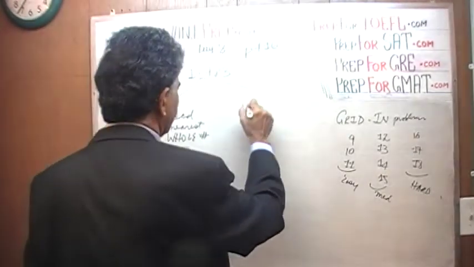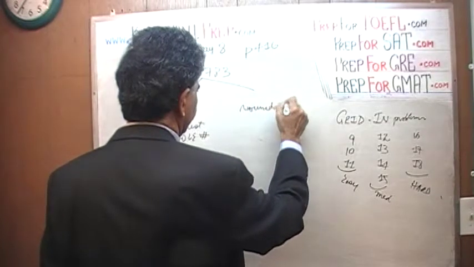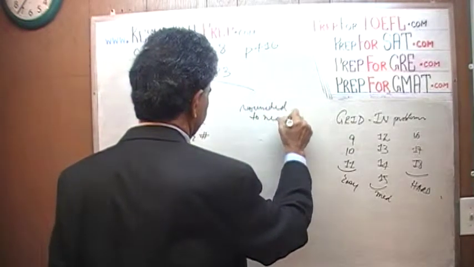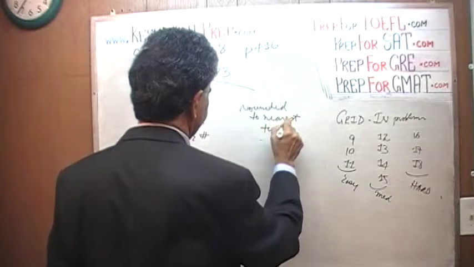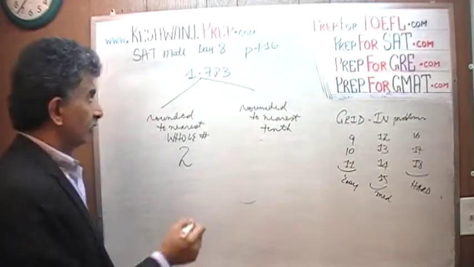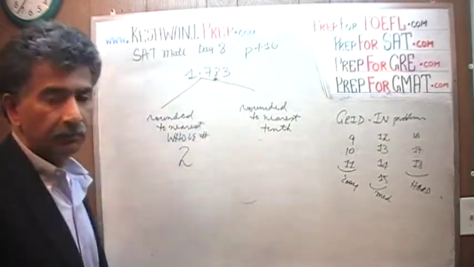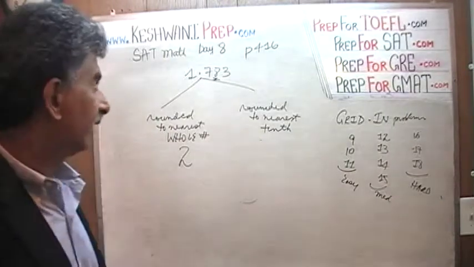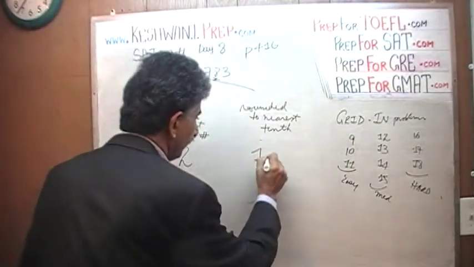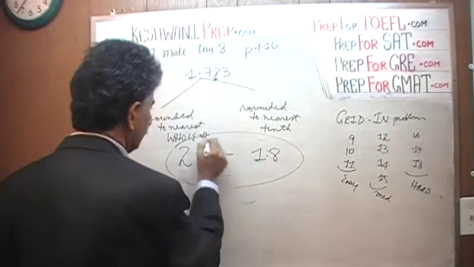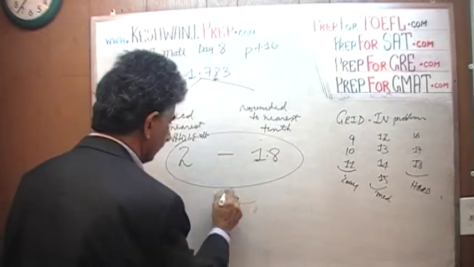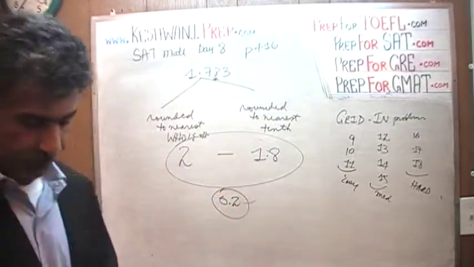And when it's rounded to the nearest tenth, because the hundredths digit is more than 5, you end up with 1.8. And therefore the difference is 2 minus 1.8, or 0.2.